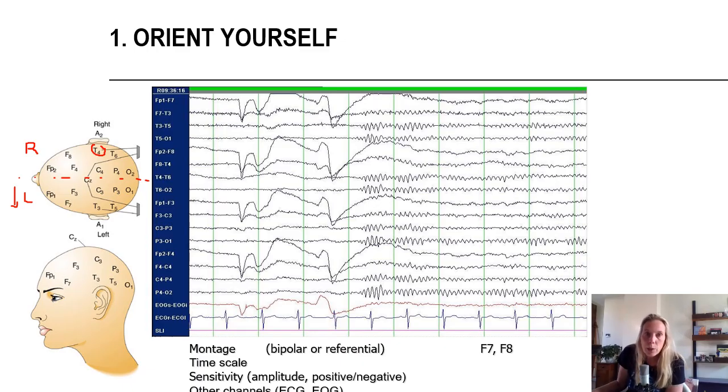So now we can record different brain signals. And here you see a recording of 1, 2, 3, 4, 5, 6, 7, 8, 9, 10, 11, 12, 13, 14, 15, 16 EEG signals being measured.